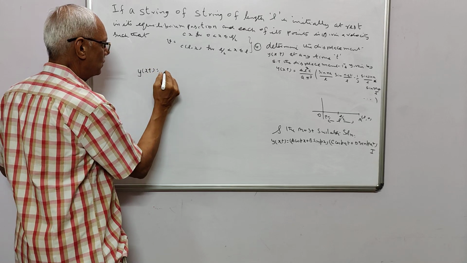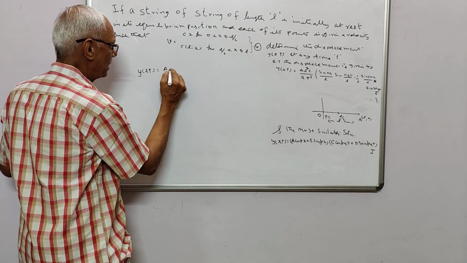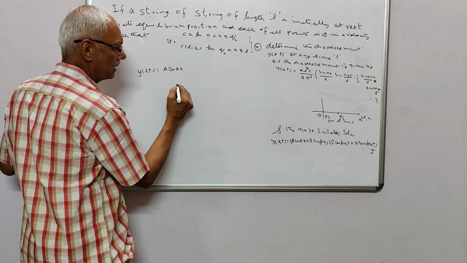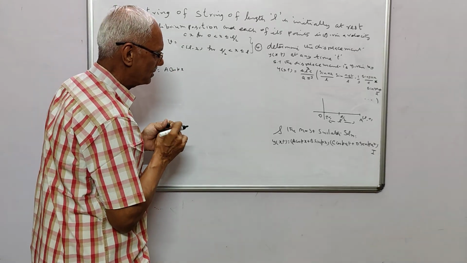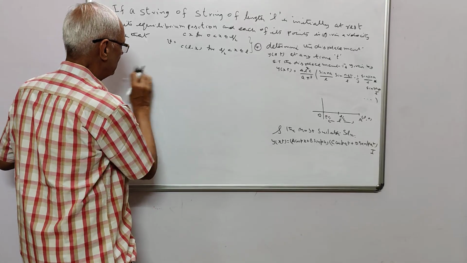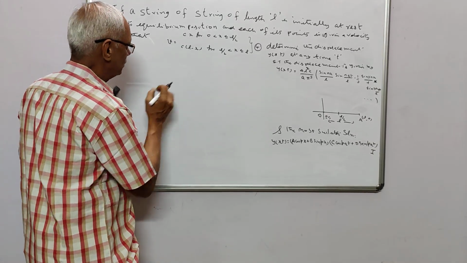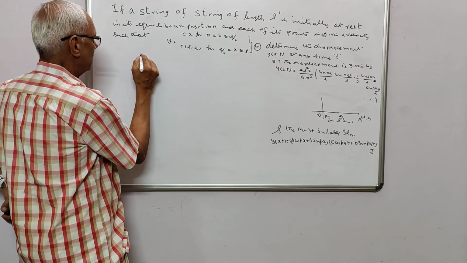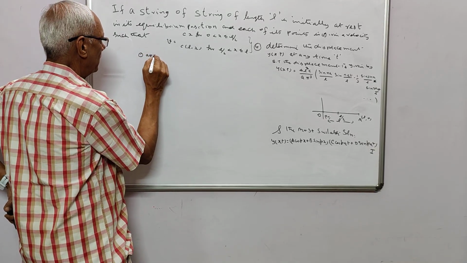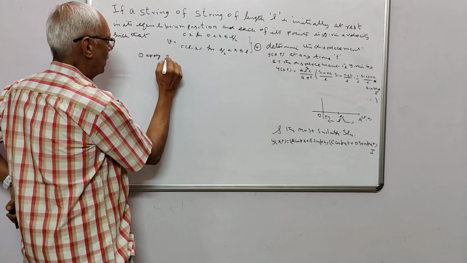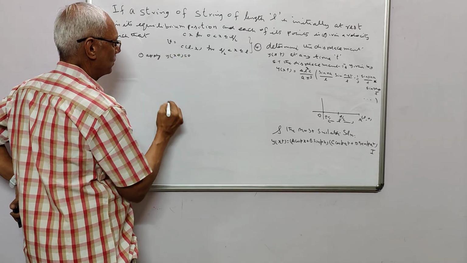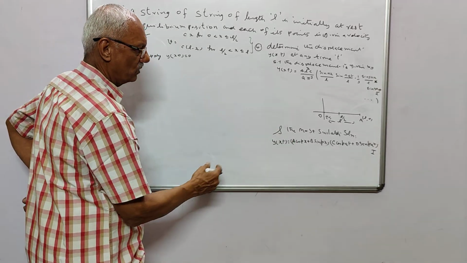y of x,t is equal to a cos px. I will start doing the problem straight away. So first apply y of x,0 is equal to 0.